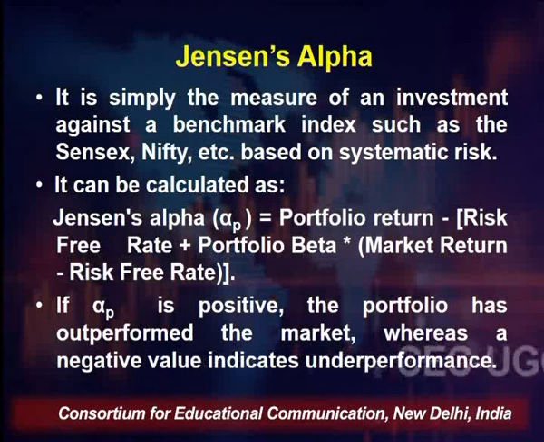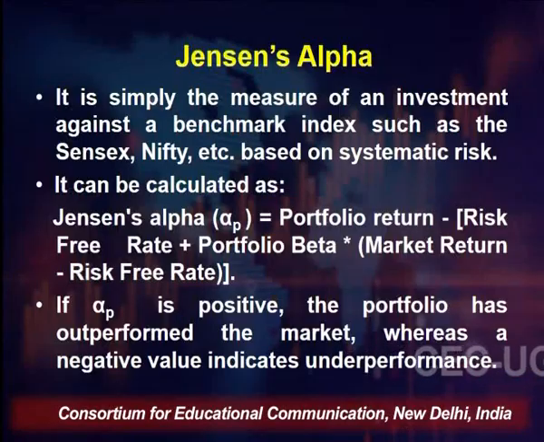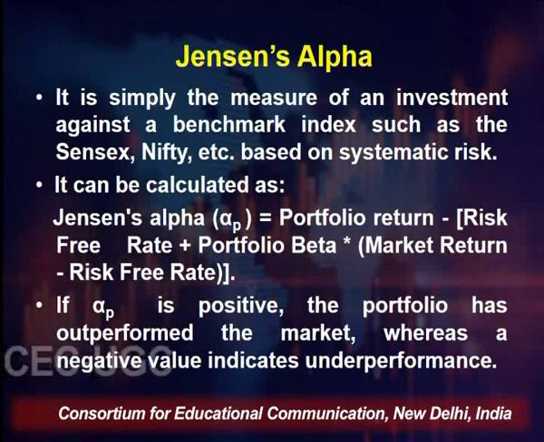Once again, portfolio return minus the risk-free rate of return plus portfolio beta into market return minus risk-free rate. That will give you Jensen's alpha. If Jensen's alpha is positive, the portfolio has outperformed the market, whereas a negative value indicates underperformance.